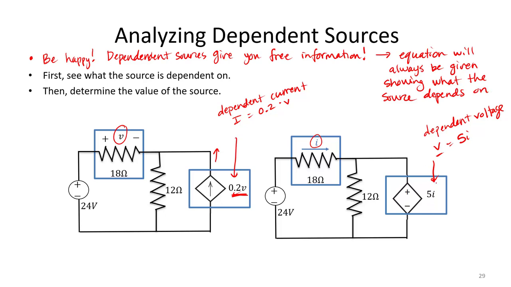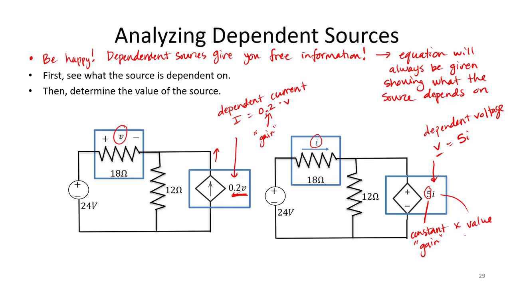So notice, typically it will be a constant times some other value. For example, this 5 is a constant and the value I is a current. We also call the number 5 here, that constant, we call it the gain.